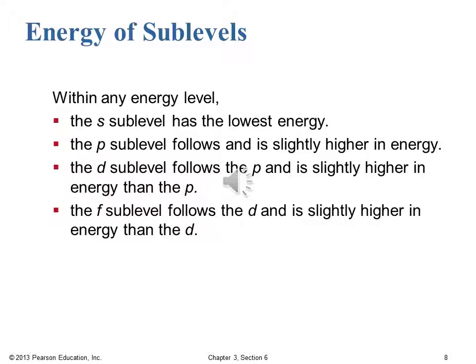They have a node at the nucleus, so there's no chance for those electrons to be at the nucleus, and they're higher in energy. The d sublevel is even higher in energy than p. Again, just like that bookcase where the shelves narrow, the same sort of idea is going on here. The d sublevel is a little higher than p, and then the f sublevel is a little higher than the d.